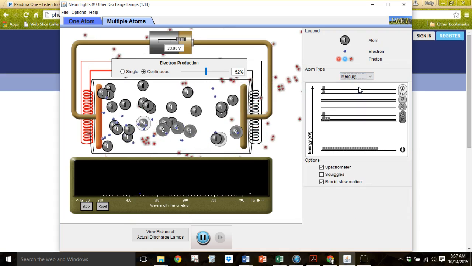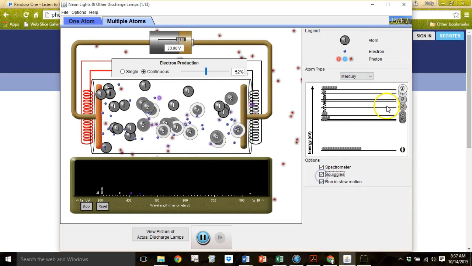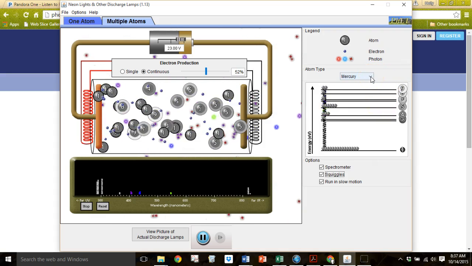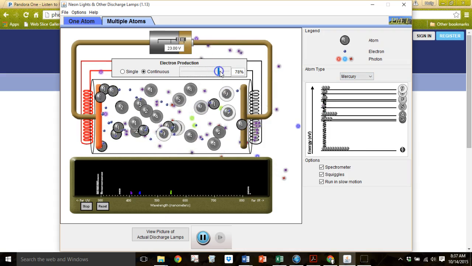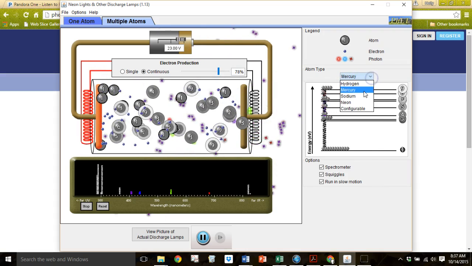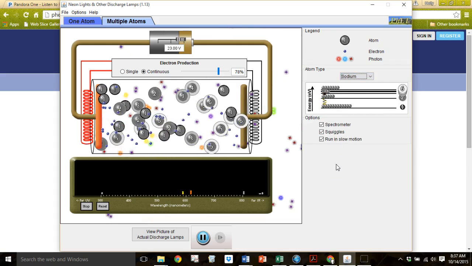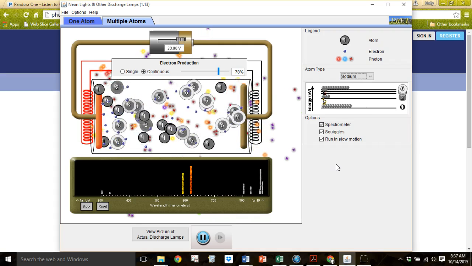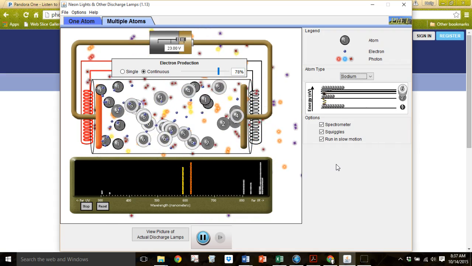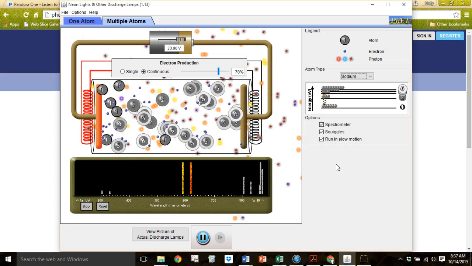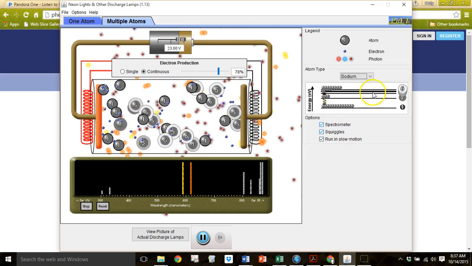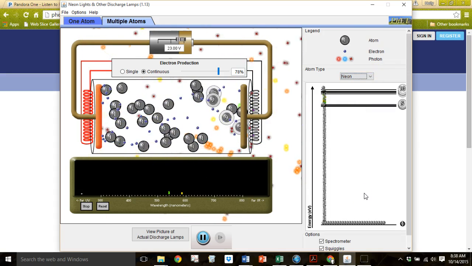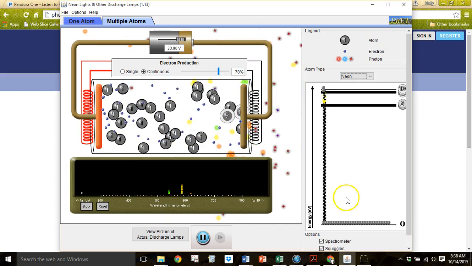Just another look at mercury. Look at sodium again. You should be able to answer the remaining questions with what you're observing here. Again, feel free to rewind back to any point.